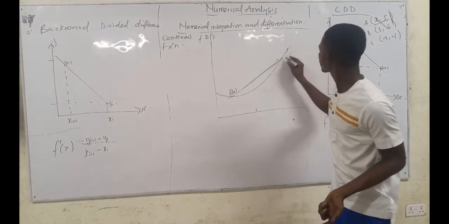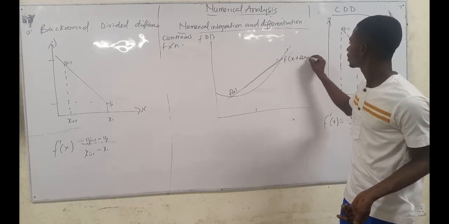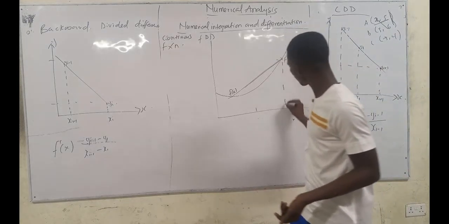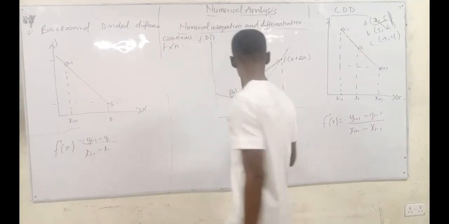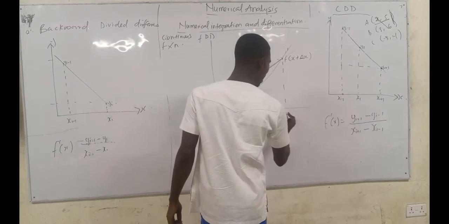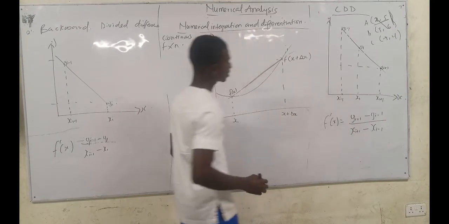Let me write it so that you see it well. When you trace here, you get a value. When you trace here, you get another value down there. So let's assume that here is x, and here is x plus change in x.